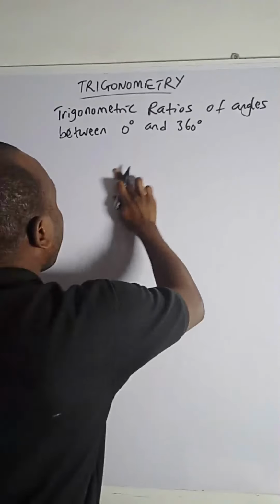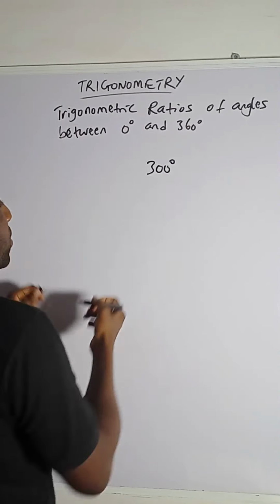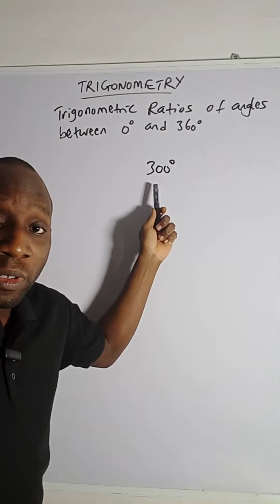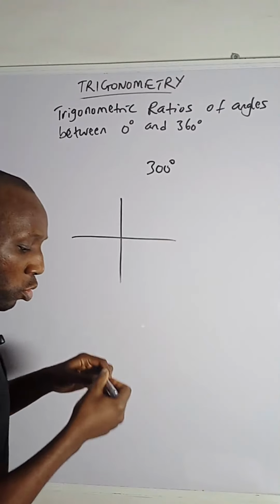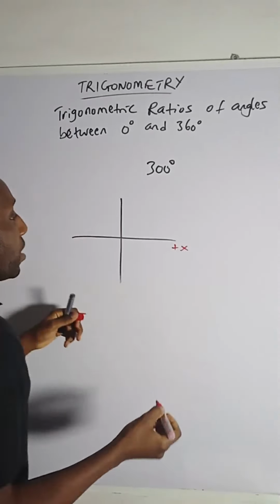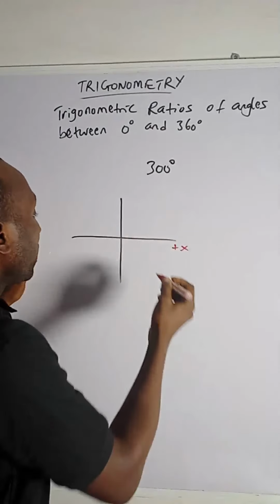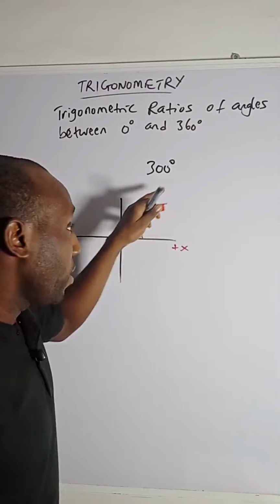So let's get the reference angle for, let's say, 300 degrees. How do we get the reference angle from 300 degrees? I'm going to draw my four cardinal points, and like I told you, you start drawing from the positive x-axis. We want to get where it's going to land. From here is 90, and we are trying to get to 300 degrees.